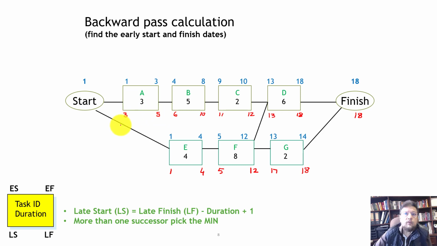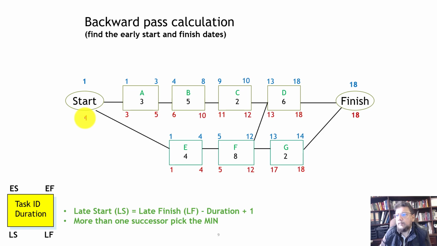Okay, so now at the start, you can see that there are two activities that are connected to the start. And what do we pick? Well, our rule says you pick the smaller one, the minimum, so we pick 1. So that's the calculation. So now we've done the backward pass, and in the backward pass we've calculated the late finishes and the late starts. So now all the 4 dates that we require have been calculated.